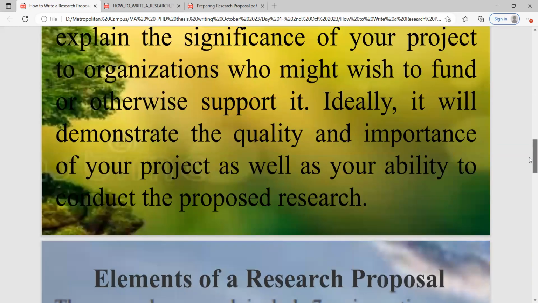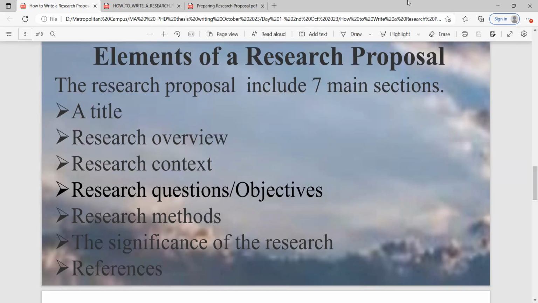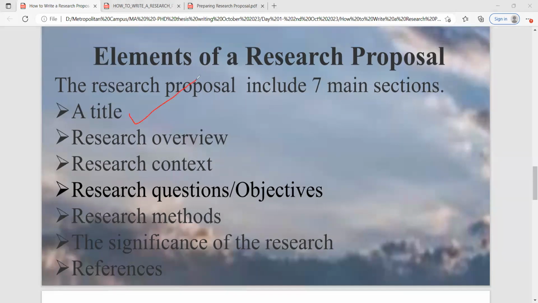And these are the main sections or main elements that you have to include in your research proposal. The first one is a strong title. That is extremely important.